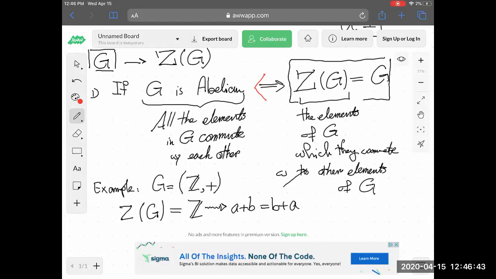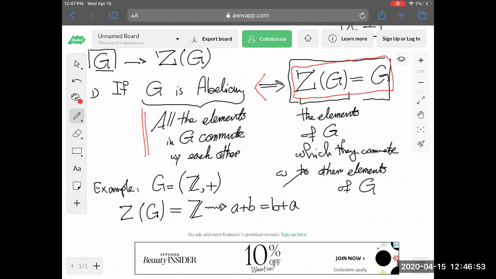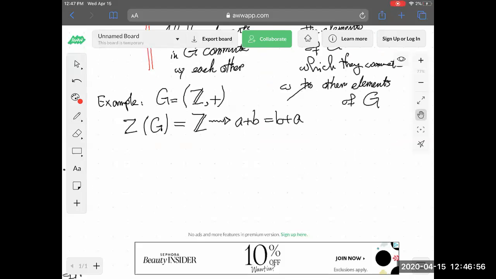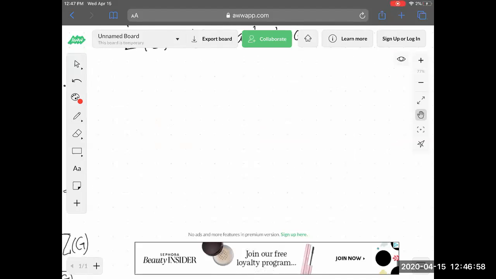And that simply means the group is commutative. So a group is abelian if and only if its center is equal to itself. That is correct. Okay, so that's the second part of our question.